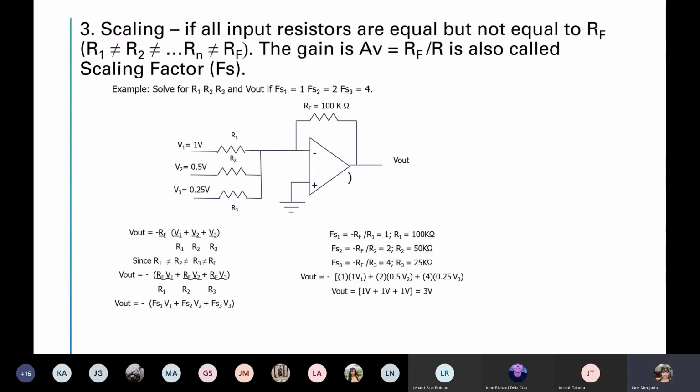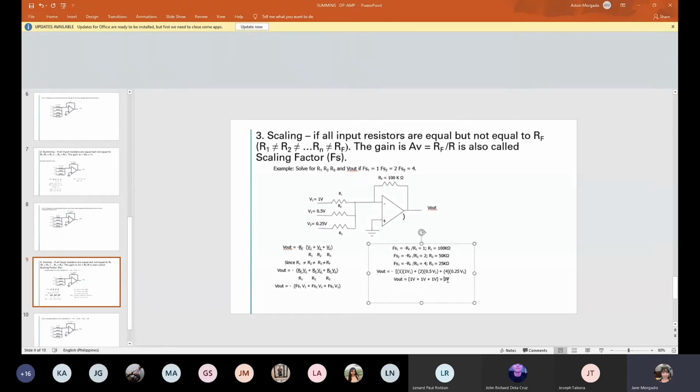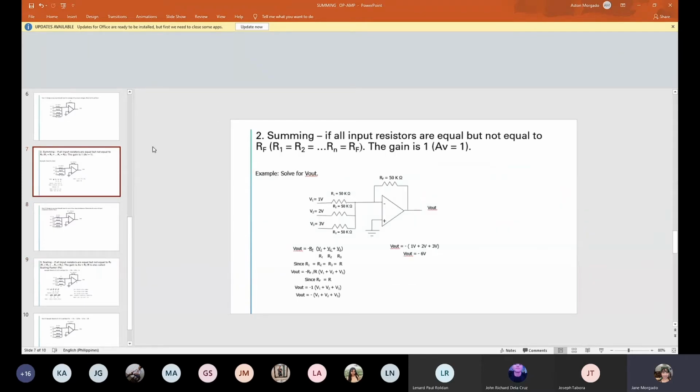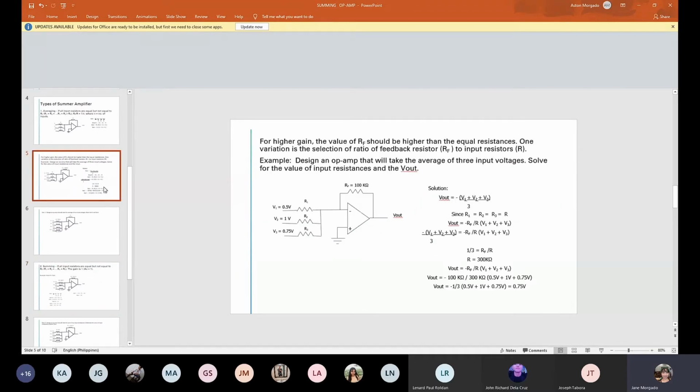Scaling. Question? Okay na? So this should be negative. Question? Tatalino na estudyante ko. Gets agad. Saan pa ba yung mga kulang ng negative?